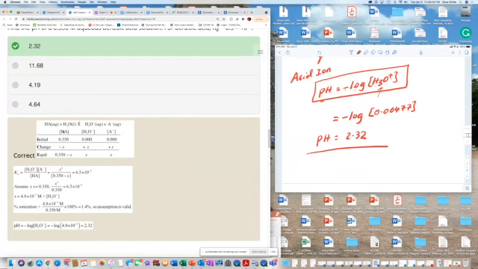I used to think that because we identify HA as the acid, when I'm figuring out the pH, what should go in here should be the number HA at equilibrium, not the number H3O plus, right? But the pH is calculated from the H3O plus because H3O plus is the true acidic ion.